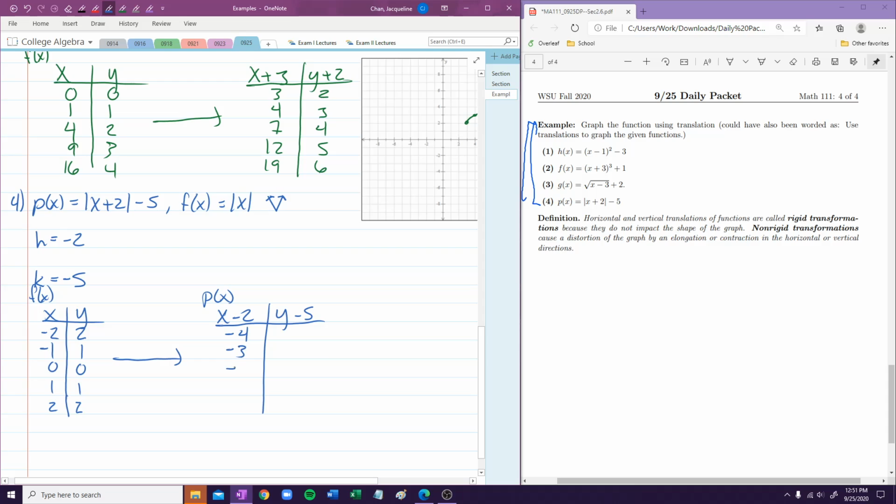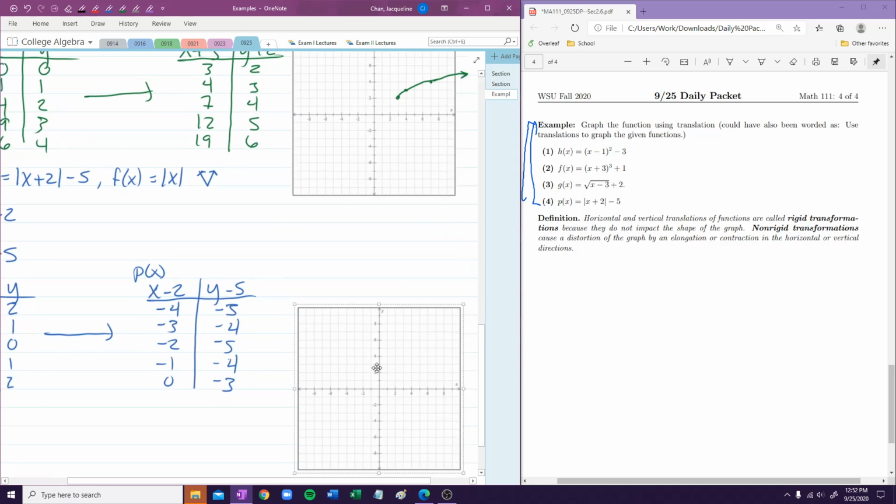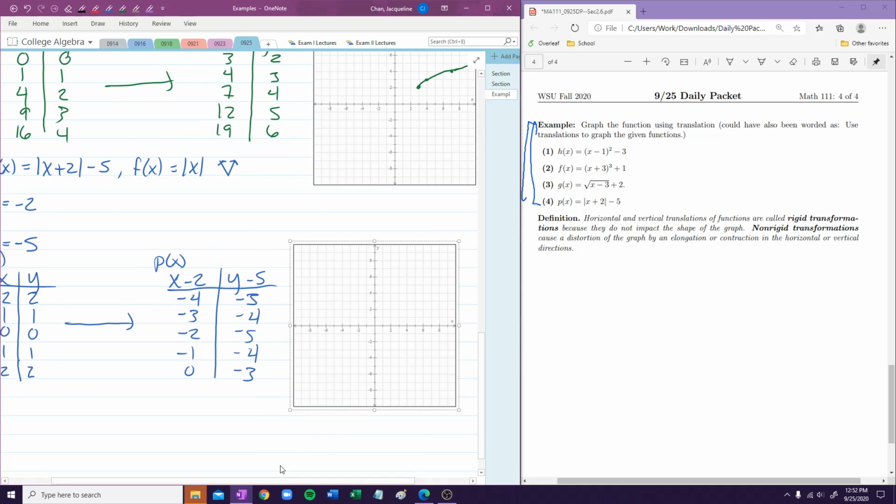This is negative 3, negative 2, negative 1, 0. Okay, y minus 5, so 2 minus 5 is negative 3, 1 minus 5 is negative 4, and then this is negative 5, negative 4, and negative 3. Okay, so again, so negative 4, negative 3, negative 3, negative 4, negative 2, negative 5, negative 1, negative 4, 0, negative 3.